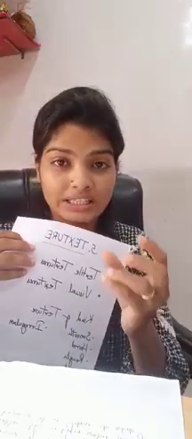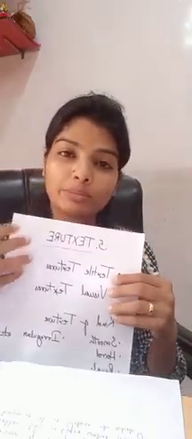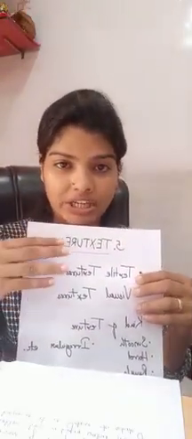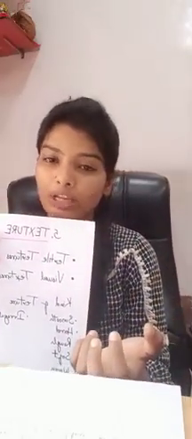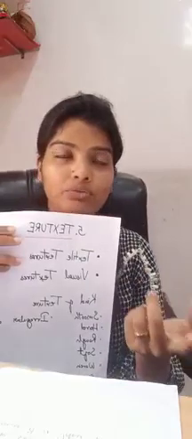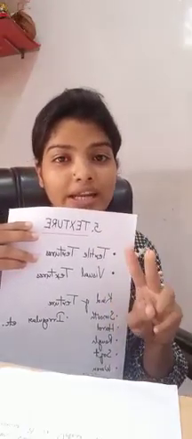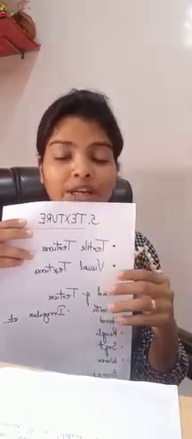Okay, now come to the texture. Texture is like how an object feels when it is touched, or how it may feel if it is touched. Fine. There are two types of textures, like one is tactile texture and the other is visual texture.